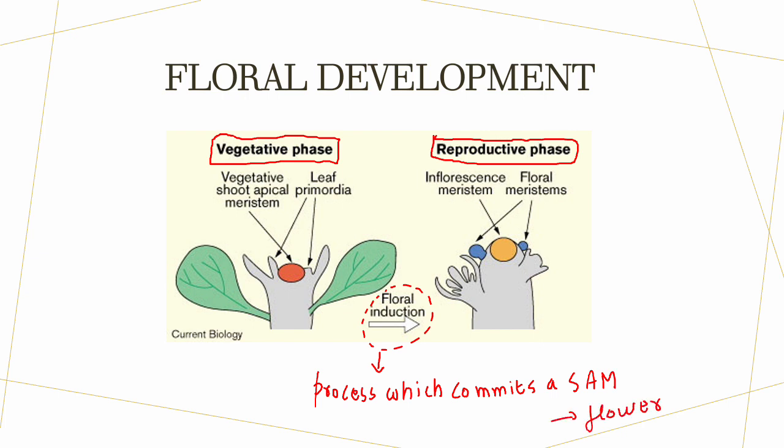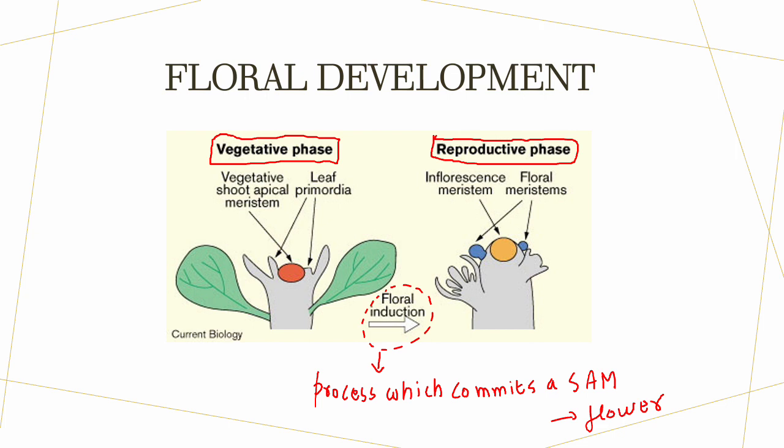This is very important. Floral induction is the process by which the shoot apical meristem will turn into a flower. That event involves a lot of genes, basically two classes of genes, which we are going to discuss in this lecture today. Now, as you can see, the shoot apical meristem can also be of several types.